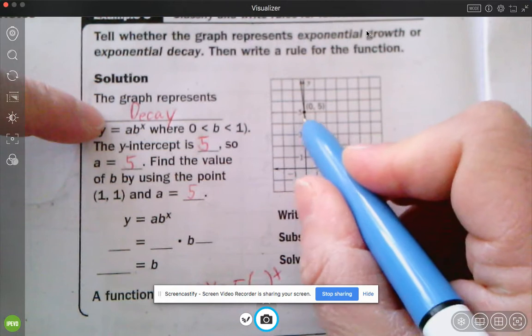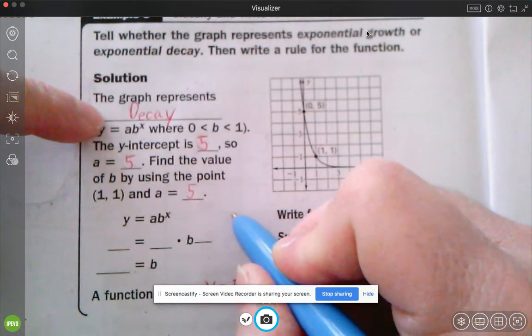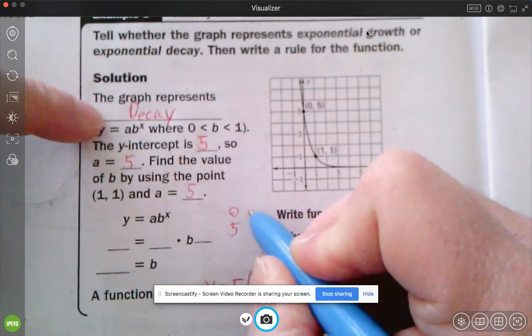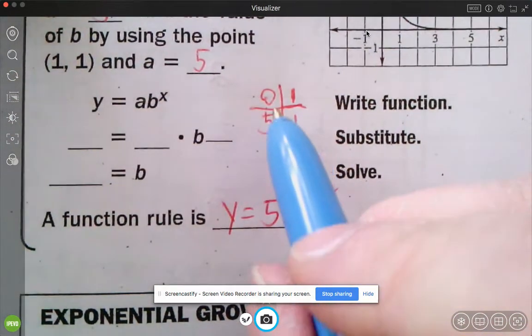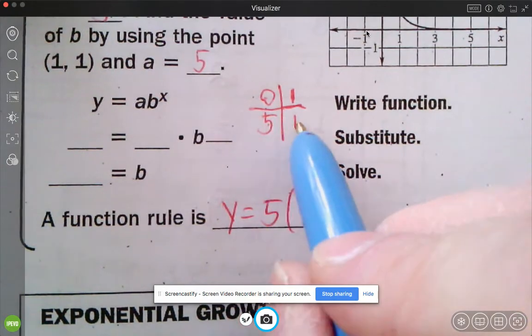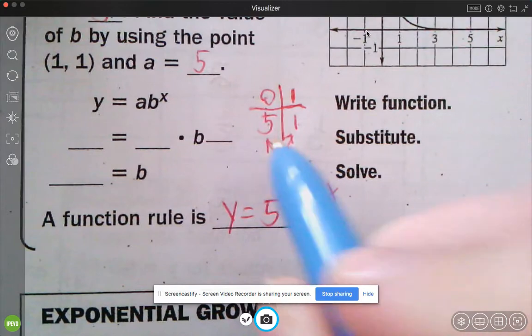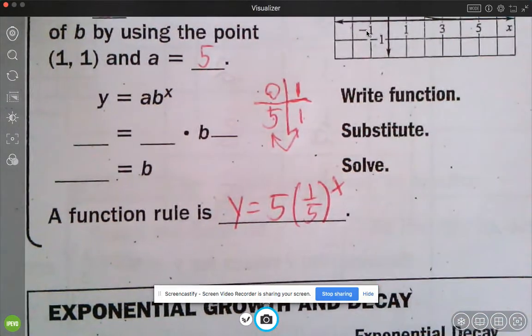If we were making this into a table, it would be 0, 5, and then 1, 1. So what would take us from 5 to 1? That's a fraction. What would you multiply for the growth factor? Hopefully we're thinking 1/5. So that would be that function.